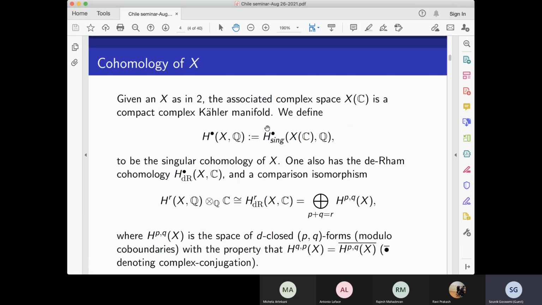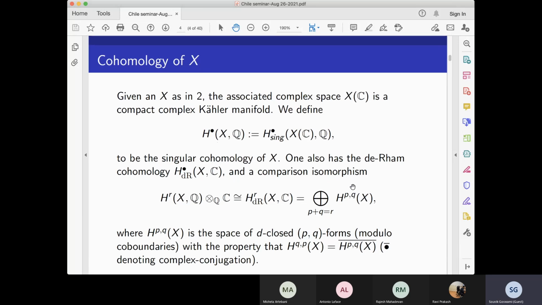Just assume for the moment that it's a compact complex manifold. For any topological space, we can define the singular cohomology with rational coefficients. For any compact complex manifold, we also have the de Rham cohomology of X. This isomorphism is true for any compact complex manifold.